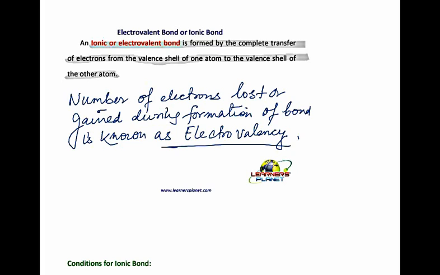Now, if there is a loss of electrons, there is a formation of a positive charge. If there is a gain of electrons, there is a formation of a negative charge.